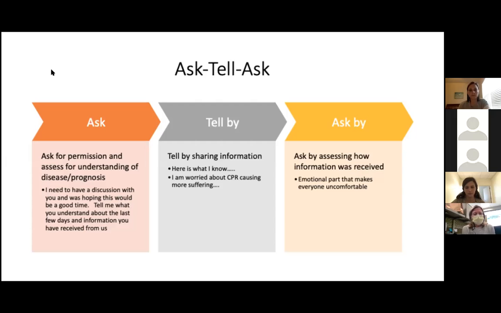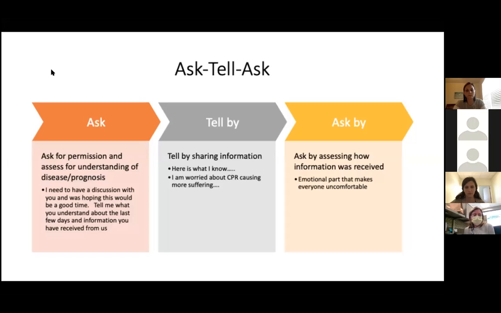So the first part is asking, and it sounds very simple, but just asking for permission to talk to the patient. And usually the patient does want their parents present, because even though the patient can be that decision maker, they are usually relying on their parent or parents to really help with their medical decisions.